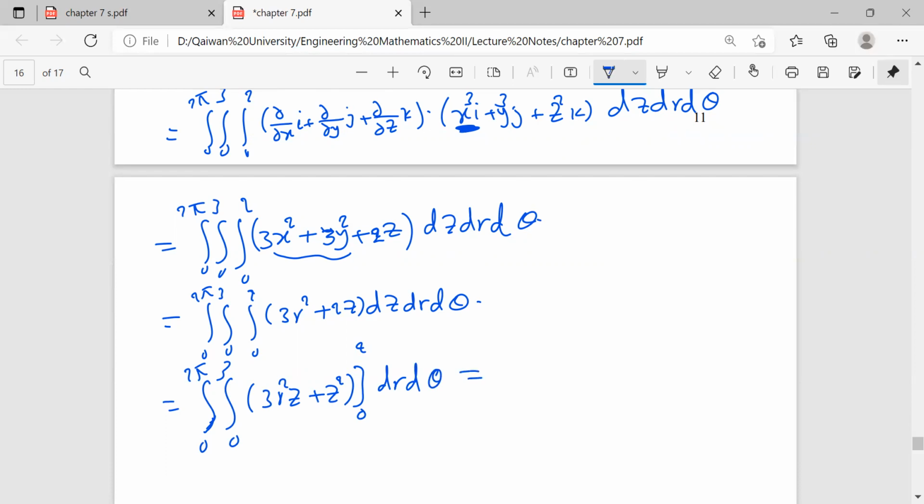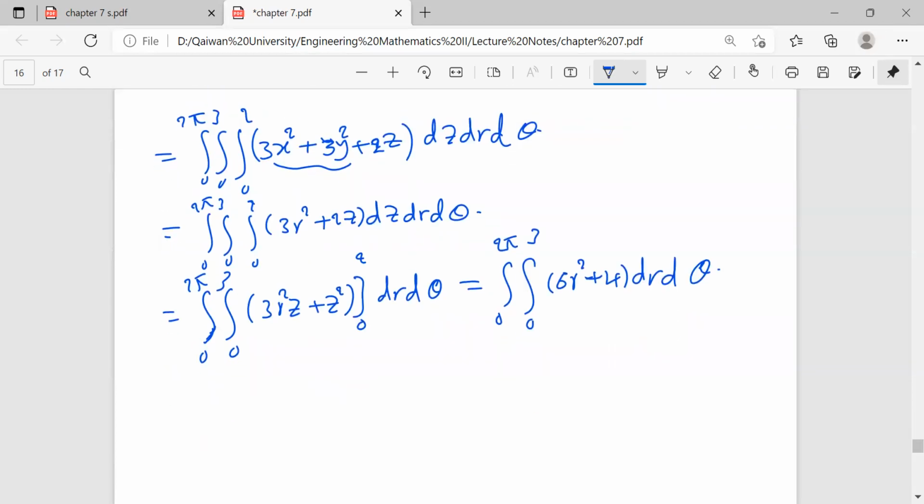Here we replace z by 2, then by 0. If replaced by 2, we get 6r squared plus 4, dr d theta.